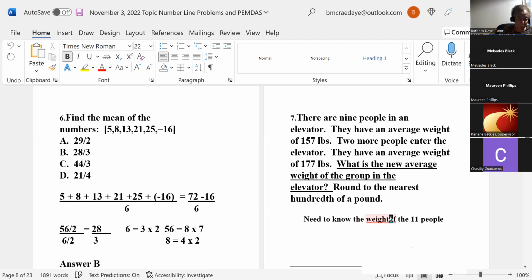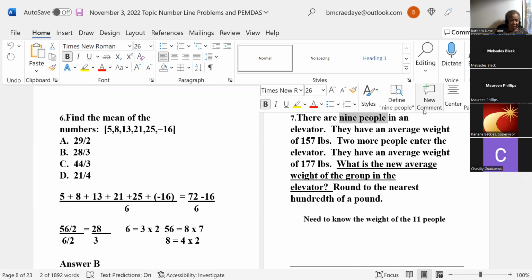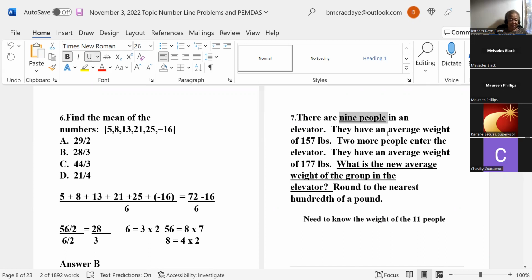And how do we find that? What we do, we add the 157 plus the 177. No, that doesn't work. You need to know the weight of the 11 people. Now, 9 people are in the elevator, right? Let's just underline that. And the average weight is 157.